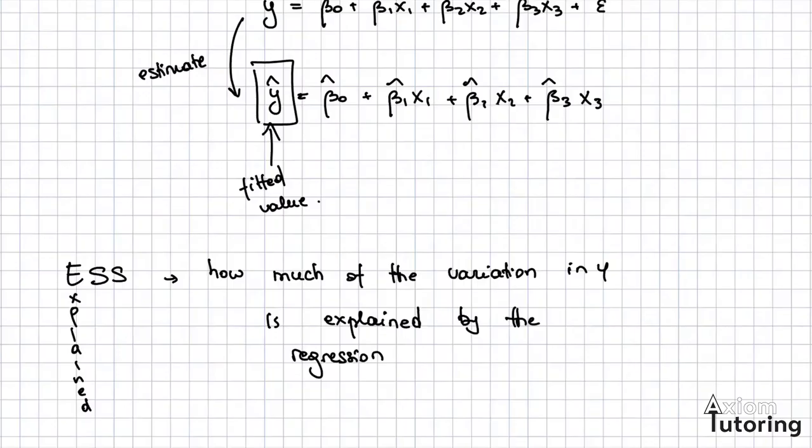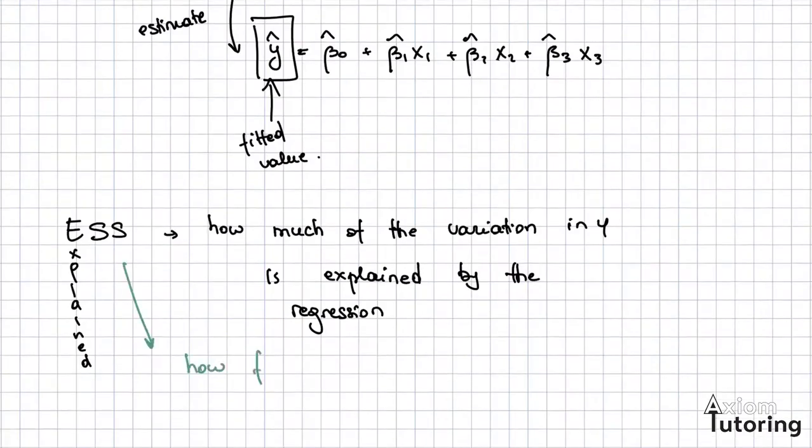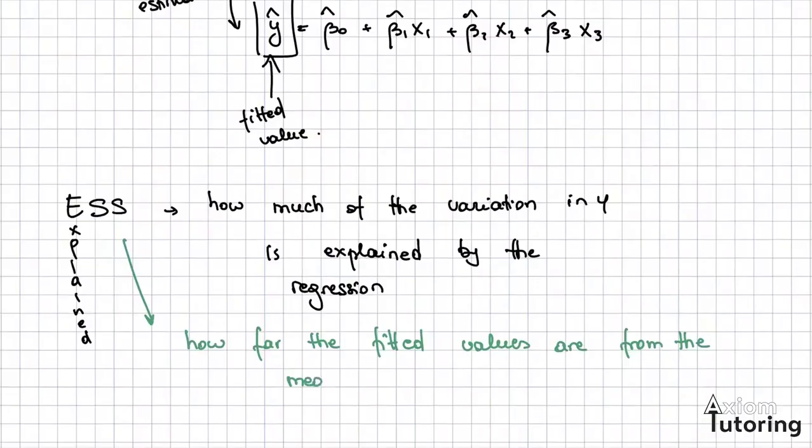So it's literally saying how far the fitted values are from the mean of y, that's y bar. In a sense, the ESS is the variation that the model explains. That's why we're using explained as the actual acronym for ESS.